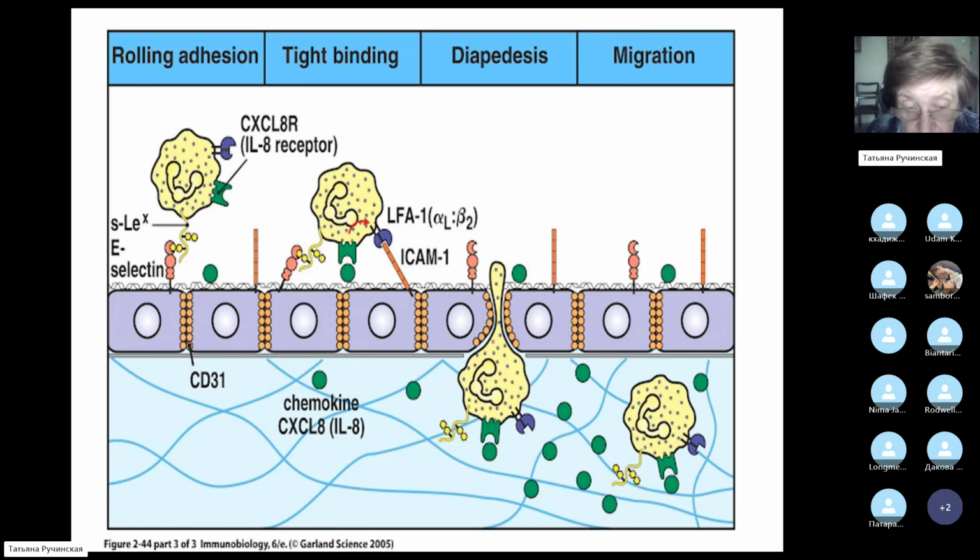Then the chemokines help the neutrophil to come out through the endothelial cells into the interstitial space. Out of the vessels there are very many green circles.